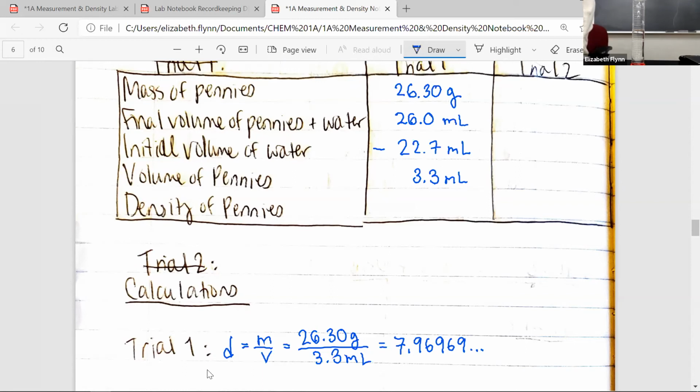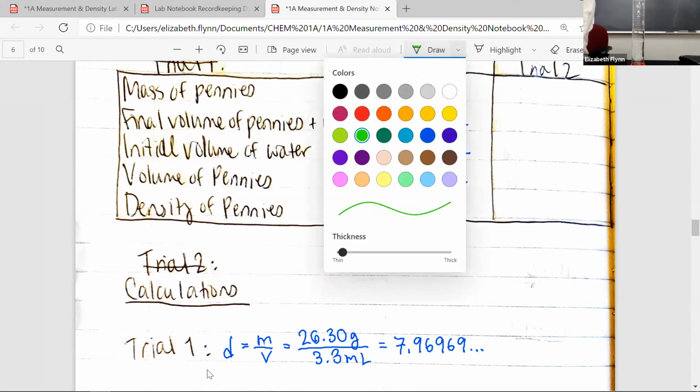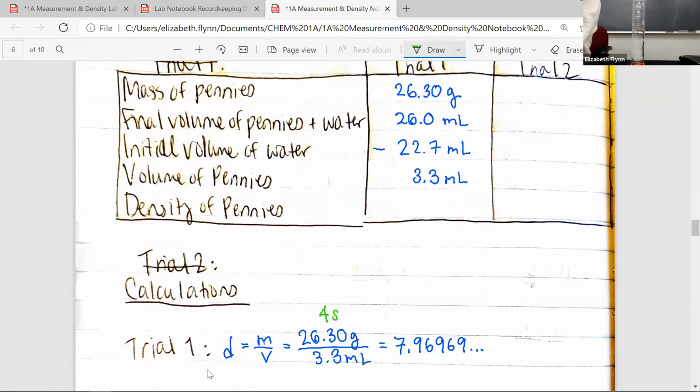And make sure that we round to the proper significant figures. We've got 4 significant figures because remember that zeros at the end of a number with a decimal point are significant. We've got 2 sig figs because these are both non-zero numbers. And so our final answer has to be rounded to 2 significant figures. So how do we round this to 2 sig figs? The 6 would round up the 9, which would round up the 7. So we get 8.0 grams per mL.